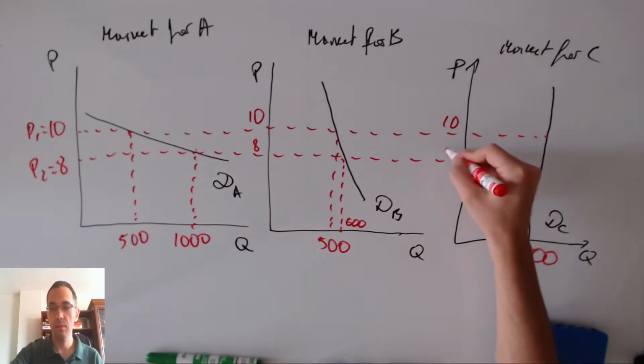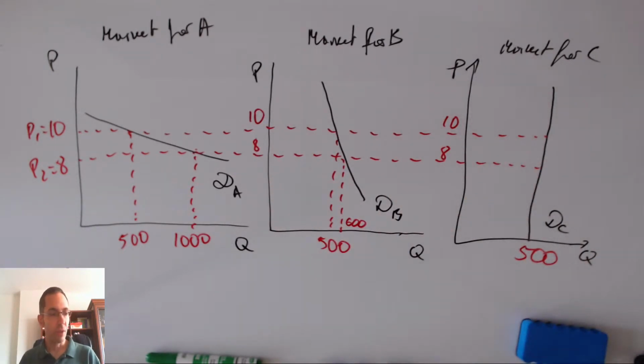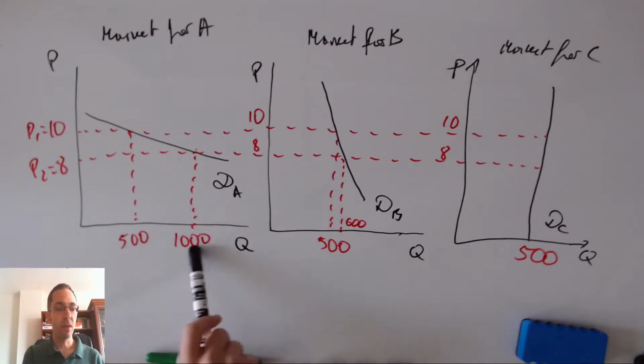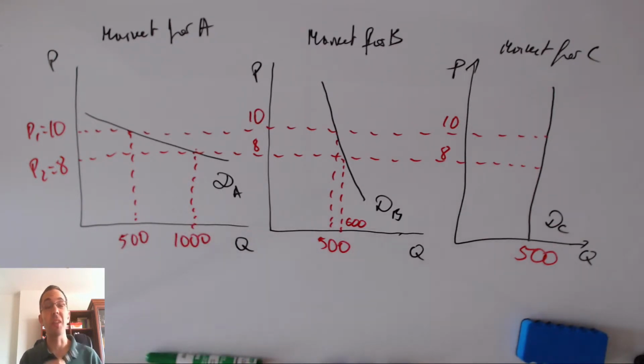And 8. So notice, we have effectively decreased the price by 20%. In the first case, the quantity demanded doubled, so the quantity demanded increased by 100%. In the second case, the quantity demanded increased by 20% from 500 to 600. Is it 20%? Yeah, it's a 20% increase. And then in the last one, the quantity did not change at all.